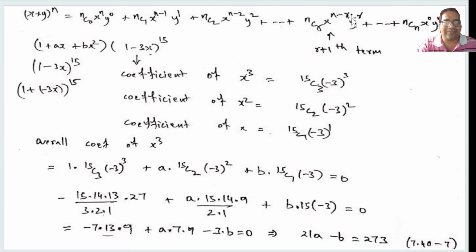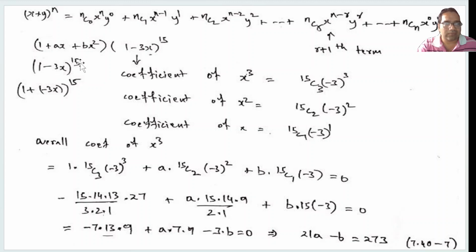Right, guys? Now, here in (1 minus 3x) whole power 15, x has to be raised to 3, 2, or 1. We need the coefficients of x cube, x square, and x. Let's forget about the first part. In this (1 minus 3x) whole power 15, what is the coefficient of x cube? Here r is 3, so that means 15C3, and here y is minus 3x, since 1 minus 3x is 1 plus of minus 3x.